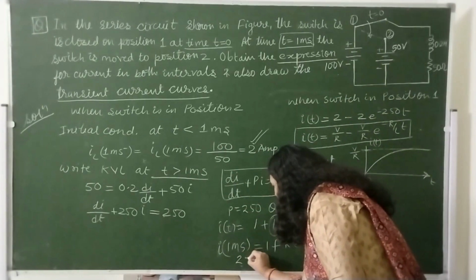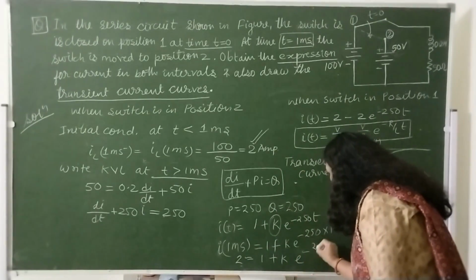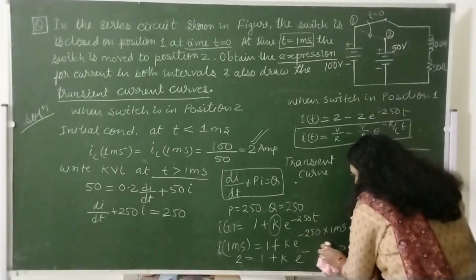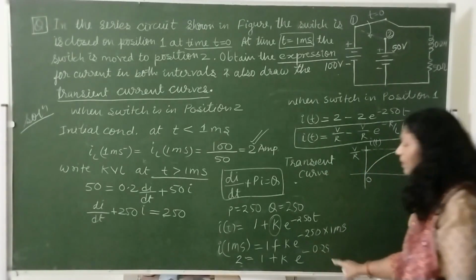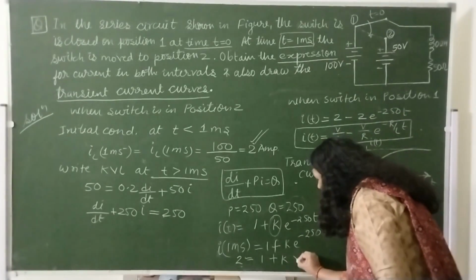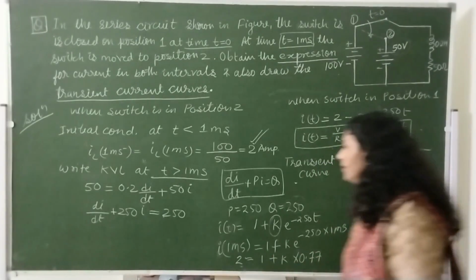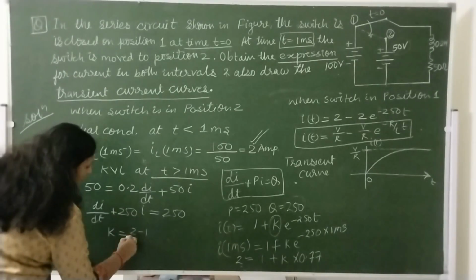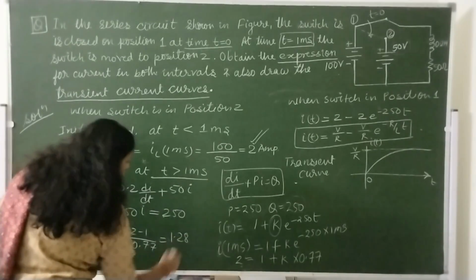So replace this: 2 is equal to 1 plus k e to the power minus 250 divided by 1000, which gives minus 0.25, and e to the power minus 0.25 is nothing but 0.77. So this gives us the value of k. Here the value of k is 2 minus 1 divided by 0.77, and that is equal to 1.28.